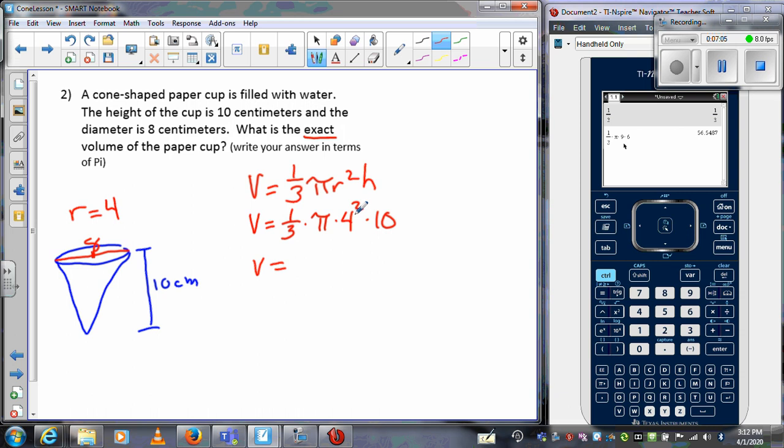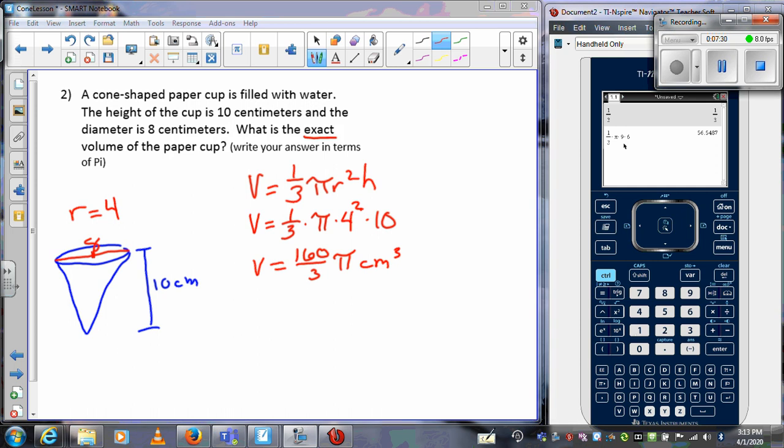You probably know what 4 squared is. 4 squared is 16. 16 times 10 is 160. And then times 1/3. So that's going to be 160 over 3. And then you could just leave the pi symbol there, and that would be centimeters cubed. Now that's one way you could do it.